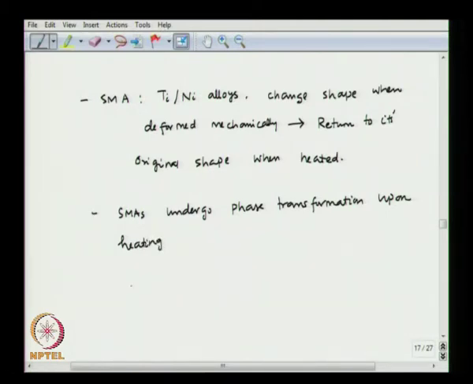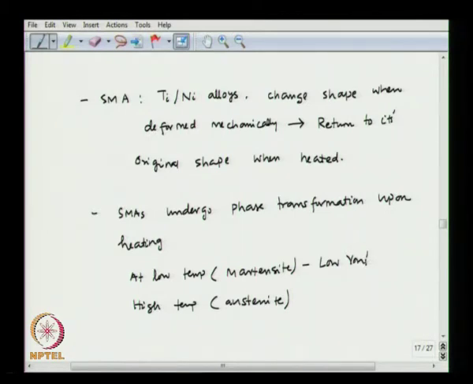Normally at low temperature they will be in martensite form, and at high temperature they will become austenite. The martensite will have low Young's modulus, and the austenite will have high Young's modulus.